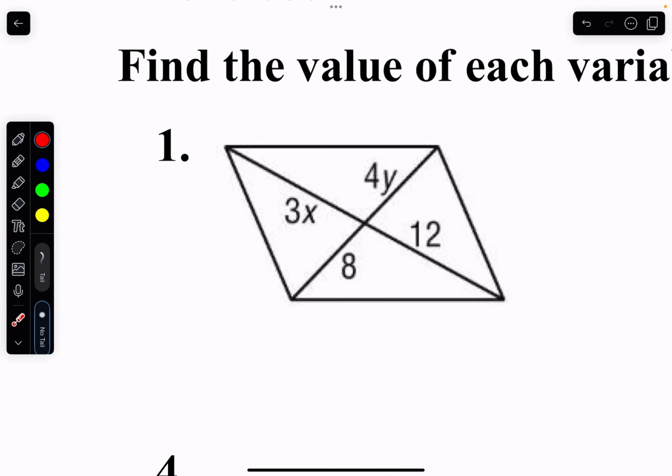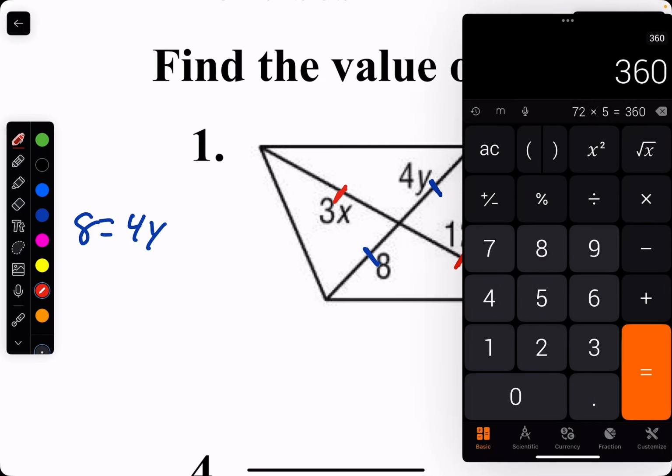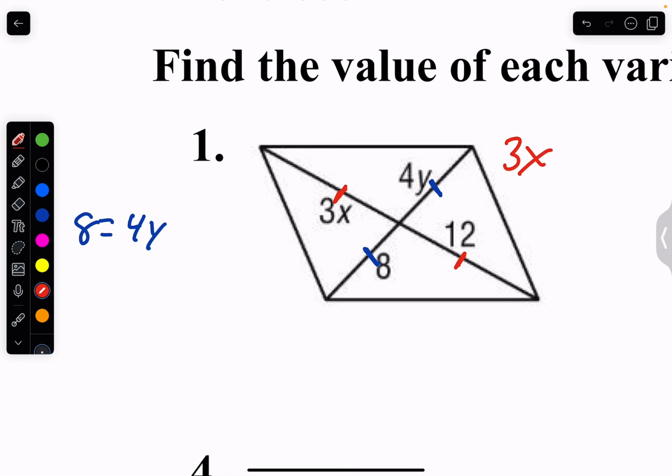When we go to problem number 1, I can start saying, hey, you know what? 12 is congruent to 3x, and 8 is congruent to 4y. So you can write those equations down. 8 equals 4y, and 3x equals 12.